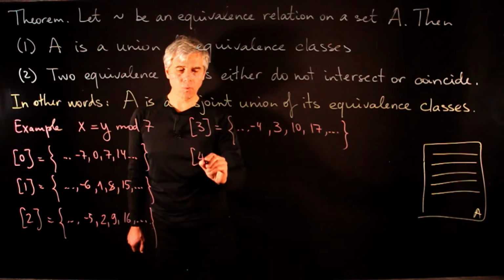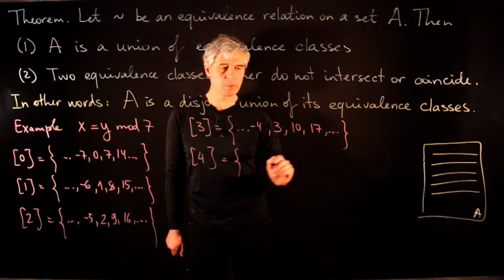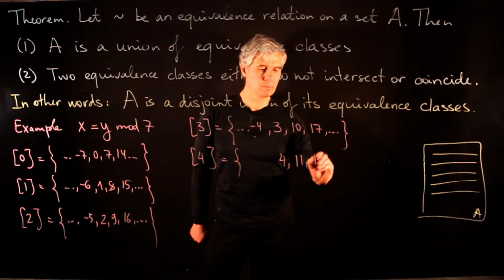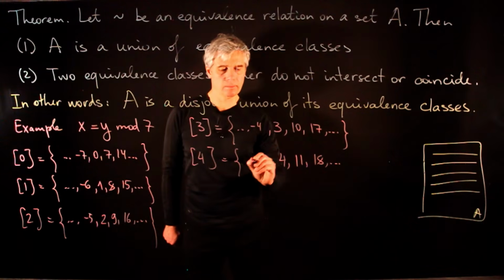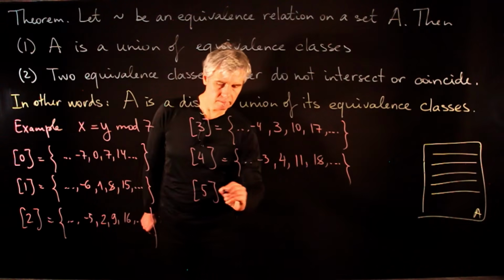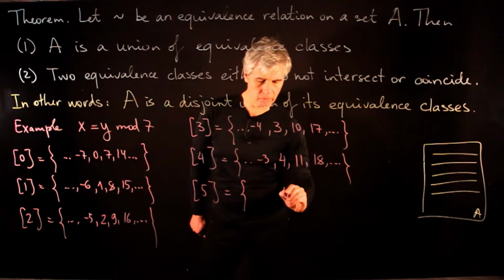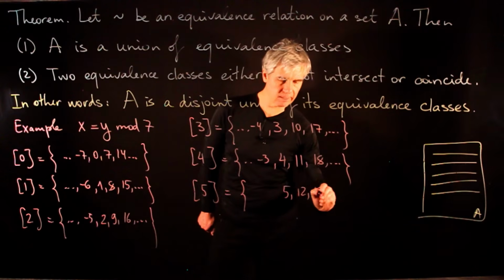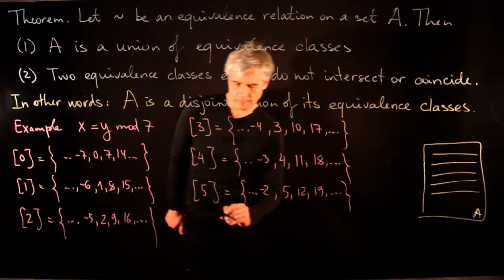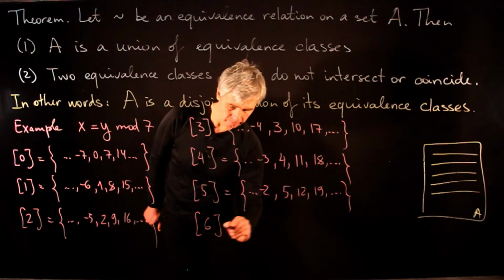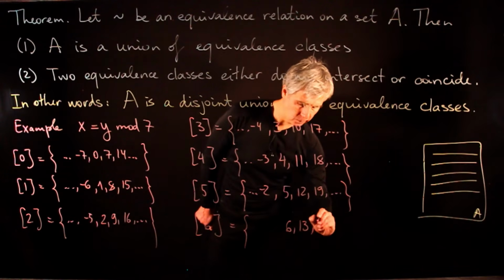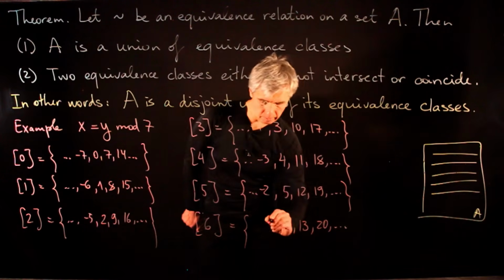Then we have a class of 4. So these are all that have remainder 4 after division by 7. We have a class of 5, which will have 5, 12, 19, minus 2. And we have a class of 6, which will have 6, 13, 20, and minus 1.